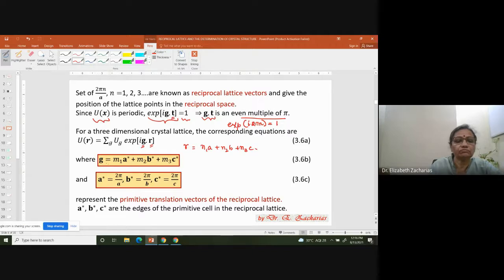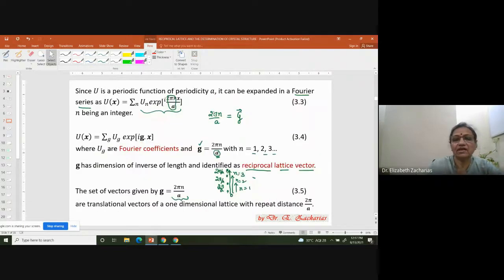Next, three-dimensional. So how do you write G? You will write G as some M1 A star plus M2 B star plus M3 C star. Go to the previous slide. There, I wrote G is equal to 2 pi n by A. Instead, think of a three-dimensional structure where this is A, this is B, and this side is C. So corresponding to each of them, you should be able to get lattice points.